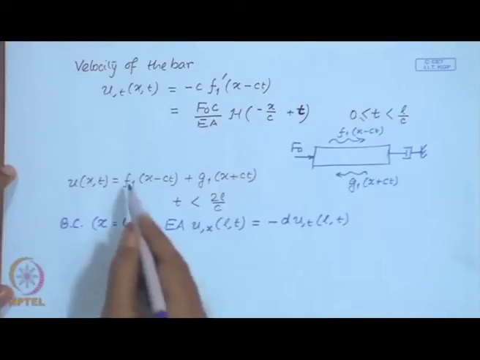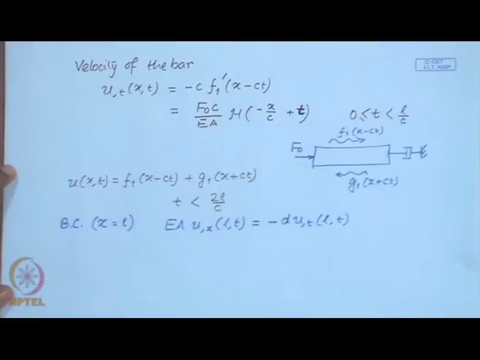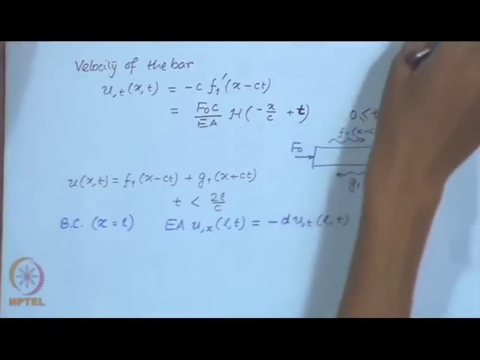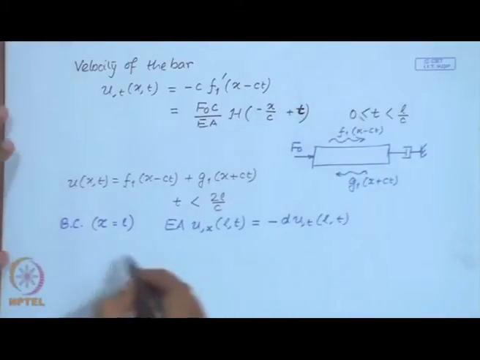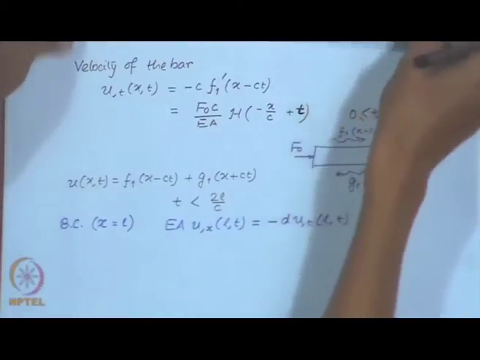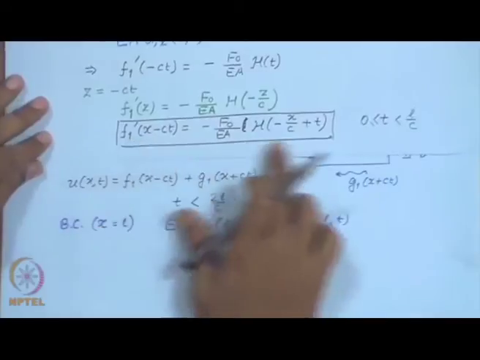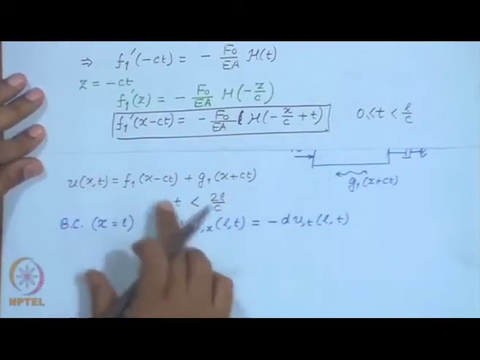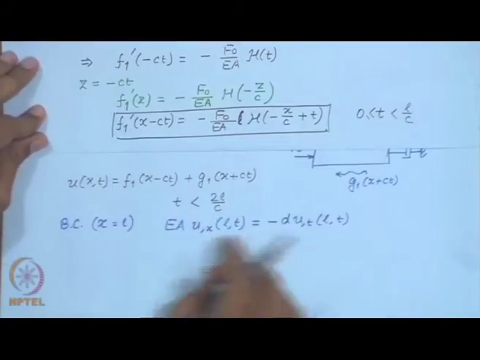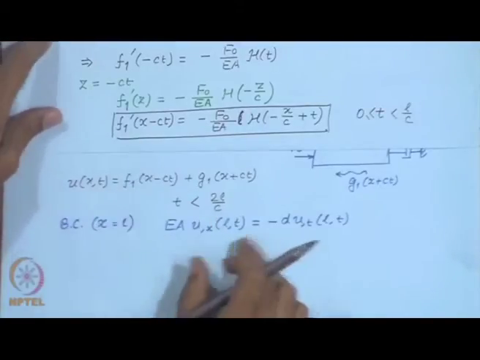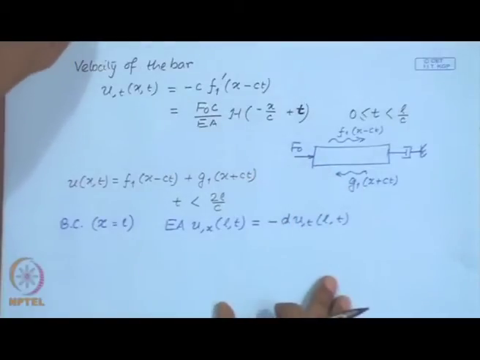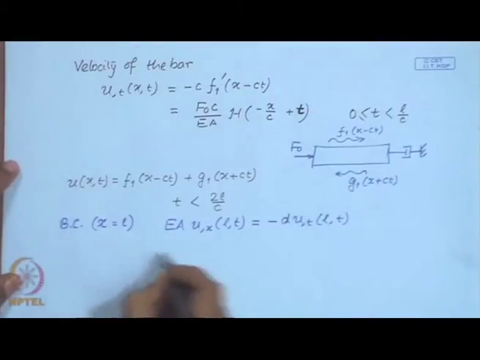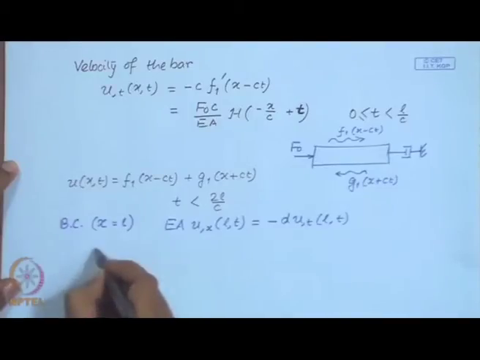Once you substitute this form here and do the simplifications using this expression of f 1 prime, because there are derivatives on both sides, you will replace that with that expression, and then finally you obtain G 1.